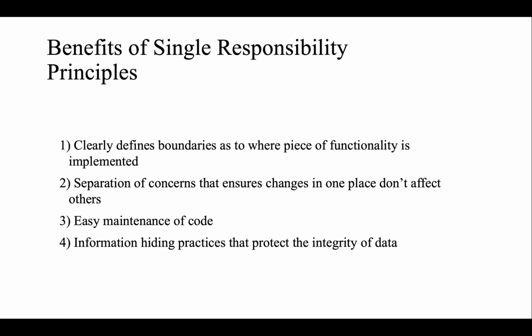Easy maintenance of the code is definitely a big achievement here as well. And as per object oriented programming, we should have information hiding implemented in our code, and that is also something we are achieving with the single responsibility principle itself. So these are all the advantages of this principle.